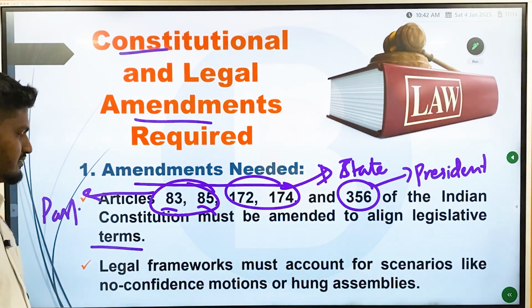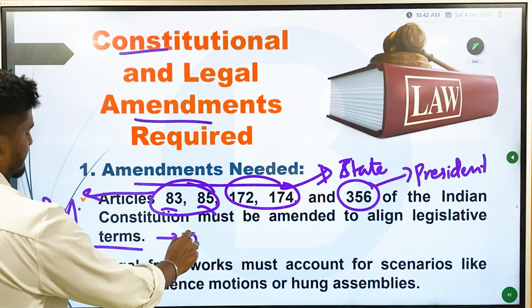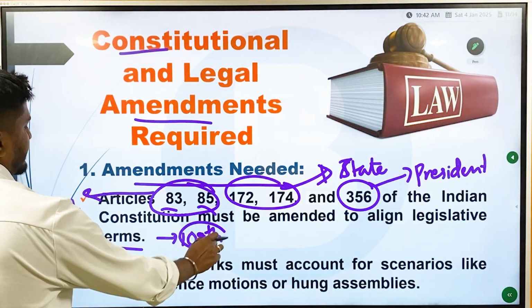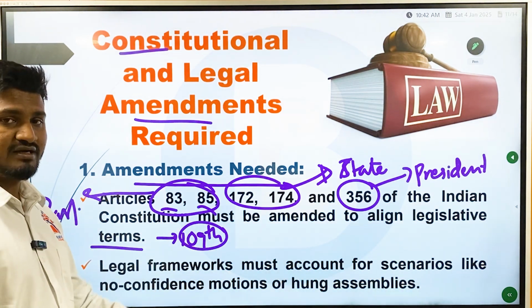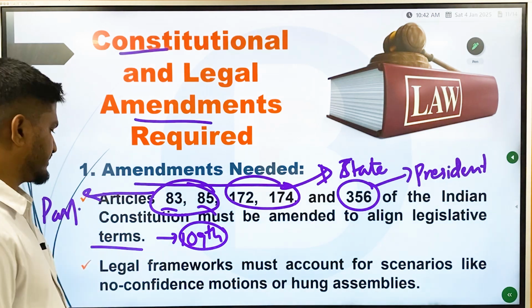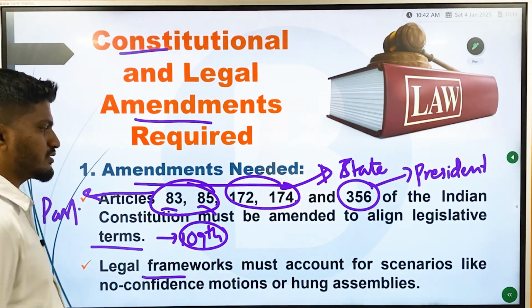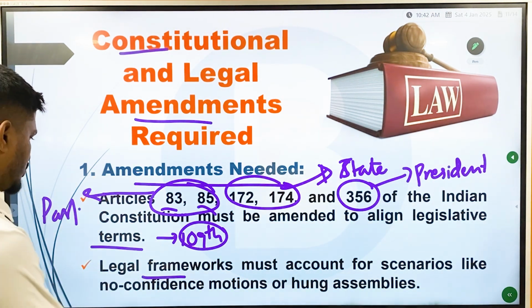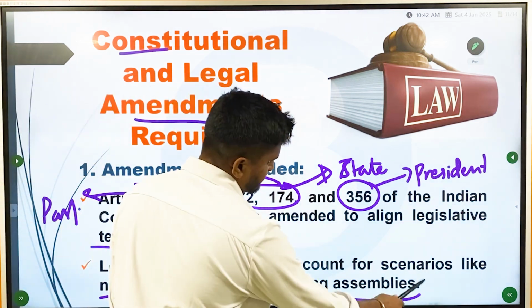In this regard, the new 109th Constitutional Amendment Act will be brought in to amend these articles. The legal framework must account for scenarios like no confidence motions or hung assemblies.